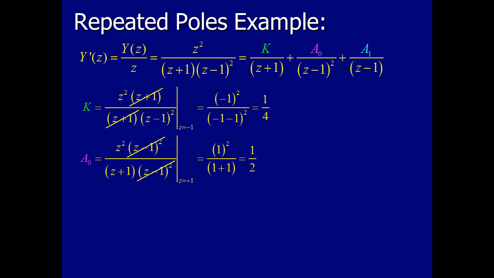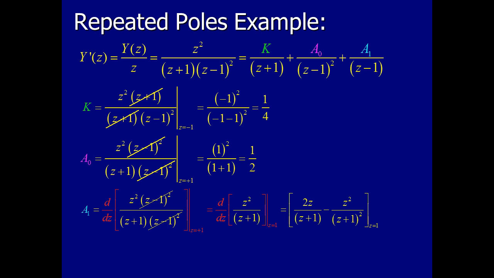Now we need the derivative to get the next level down. To get the linear one, we take the derivative of not y prime of z, but y prime of z times the z minus 1 squared term. And then that's what we take the derivative of. In this case, that's z squared over z plus 1.